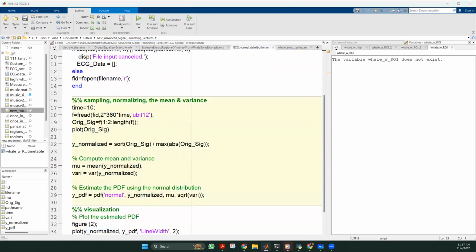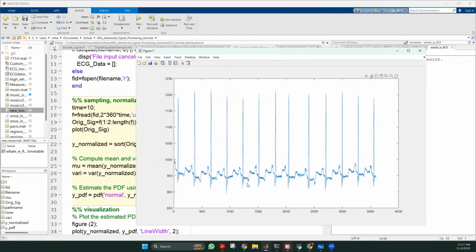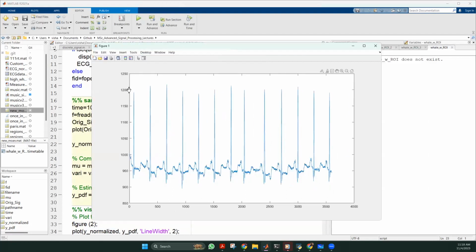First I plot the original data in figure number 1. This is what I get. This is the ECG signal with respect to time, and the amplitude of the ECG signal strength is given at each time. It follows this kind of variation and pattern.